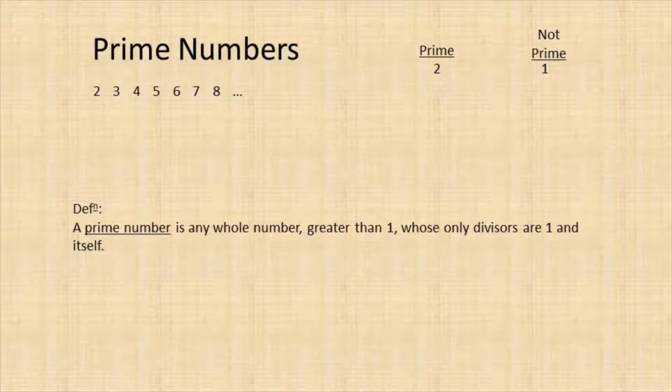Next, is 3 a prime? Well, yeah, 3 is a prime, because the only numbers that go into 3 are 1 and 3. Is 4 a prime? Well, 4 is an even. 2 goes into it, so it's not a prime. Is 5 a prime? Yeah, because only 1 and 5 go into 5. How about 6? No, in fact, we don't even need to talk about the even numbers anymore. Let's just not worry about those.